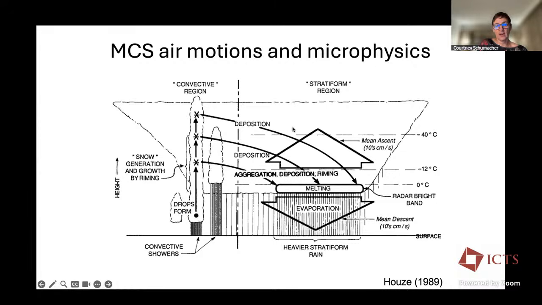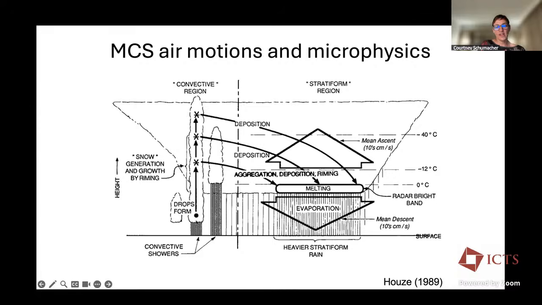There is transport over into the stratiform region where things tend to fall, and then they start growth in this weaker mesoscale region. I know it looks like a big arrow, but it's actually weaker vertical air motions. It's going to be deposition aloft. Once those snowflakes fall, they start melting around the 0 degrees Celsius level. That's where we get our radar bright band, and that's the cloud base.